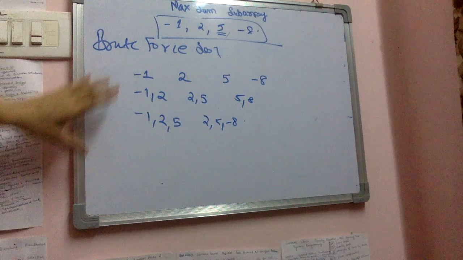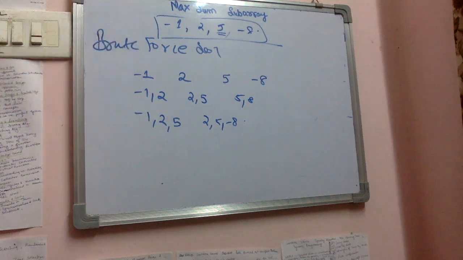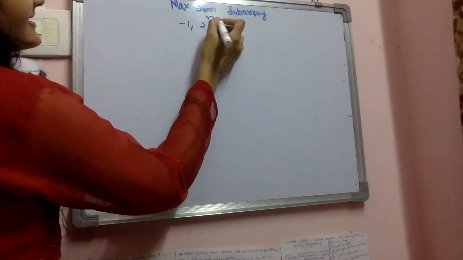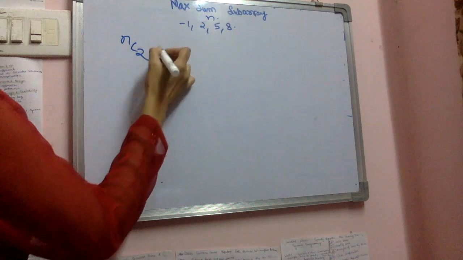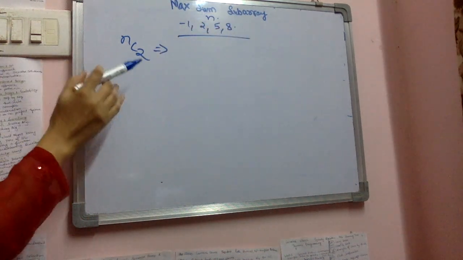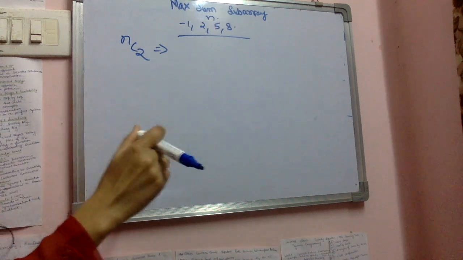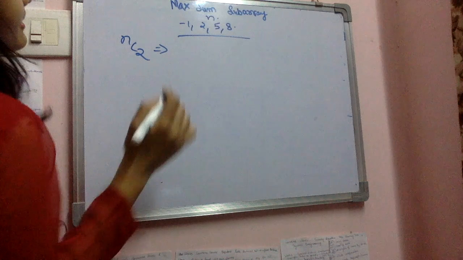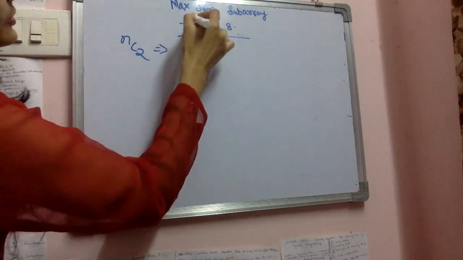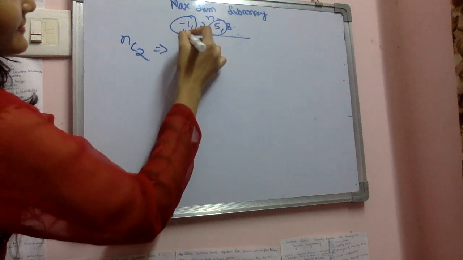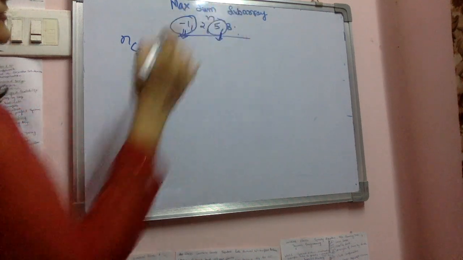Now let us see how many subarrays are present in this array. If there are n elements in this array, there will be nC2 subarrays. If you are wondering how we arrived at nC2, see here: if we select any two elements from this array, suppose I select -1 and 5, this is considered the first element and this is the last element of the subarray.